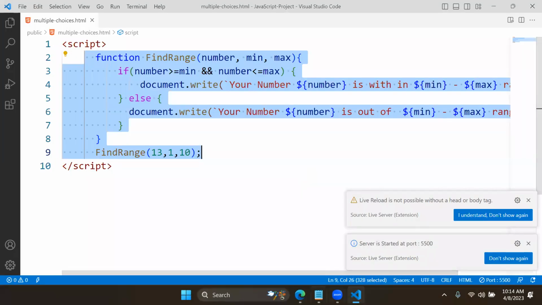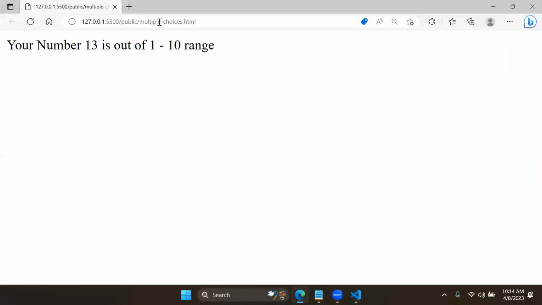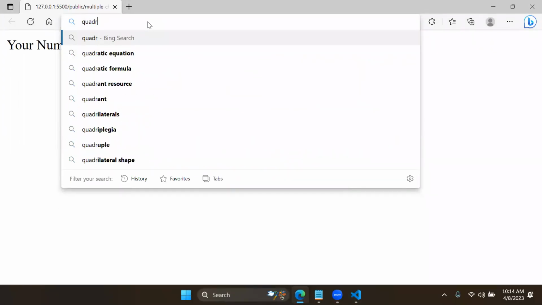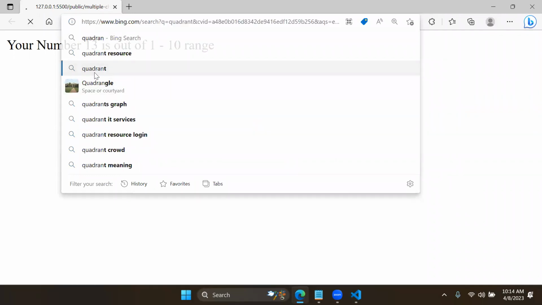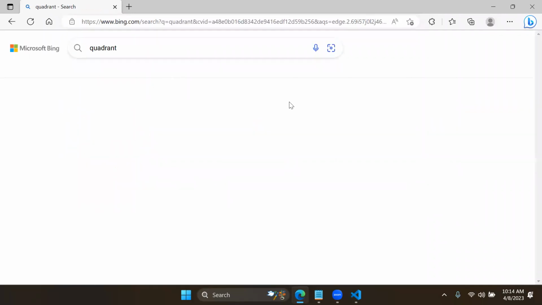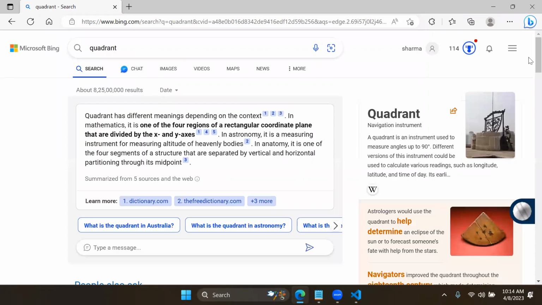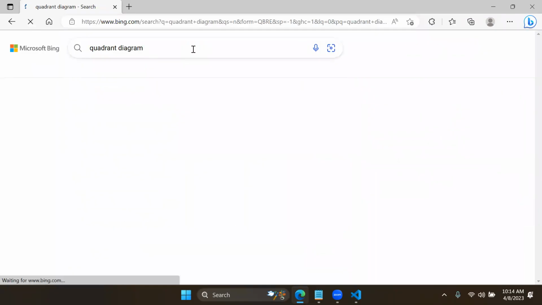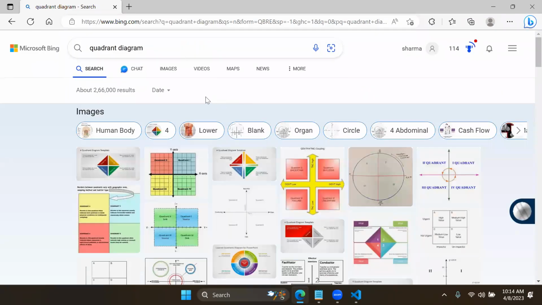Let me see if a diagram is available. This is the quadrant diagram.